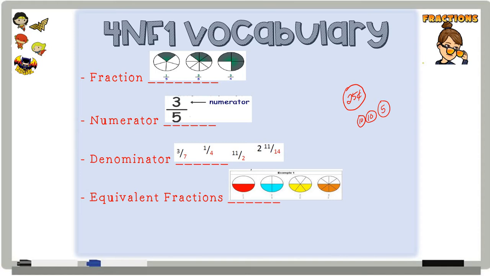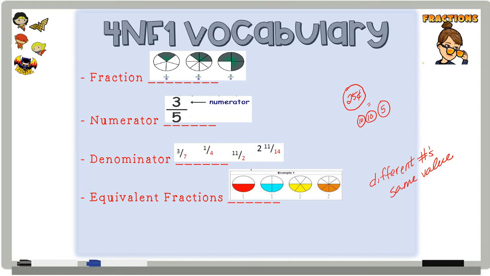Even though these are represented in different ways, they are both equal to 25 cents. They are equivalent amounts of money. So even though their numbers look different, their value is the same. So really what it comes down to is different numbers, same value.